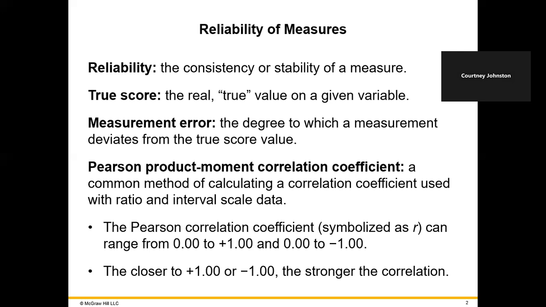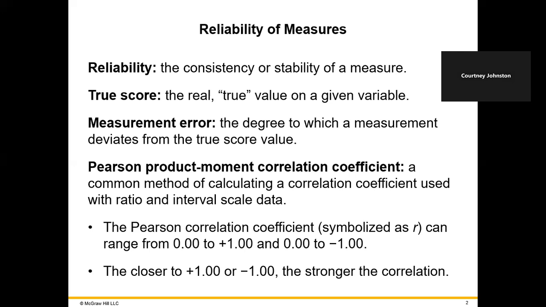This is going to be run in order to determine the reliability of a measure. And you are not going to need to do this necessarily with the survey that you develop, but it is something that you could run statistically through like a pilot study to determine how reliable is your survey over time.